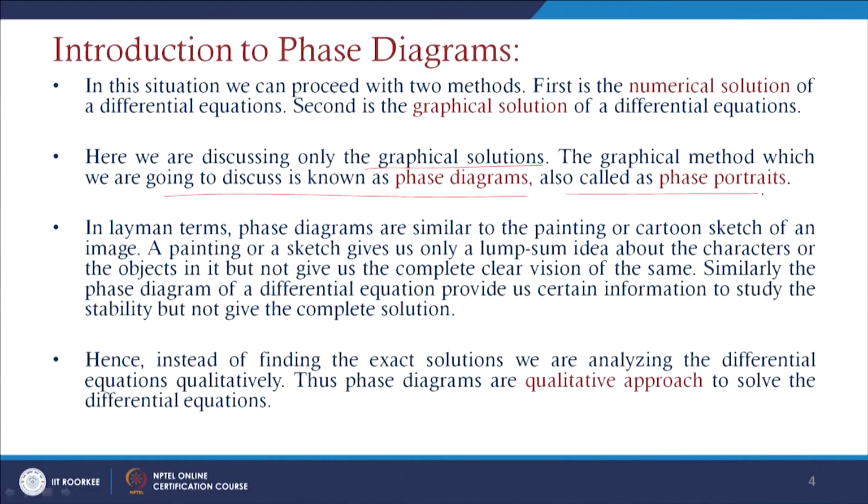The same analysis we will do for this phase diagram here. A painting or sketch gives us only a lump-sum idea about the characters or objects in it, but not a complete, clear vision of the same. Similarly, a phase diagram of a differential equation provides certain information to study stability, but does not give the complete solution.